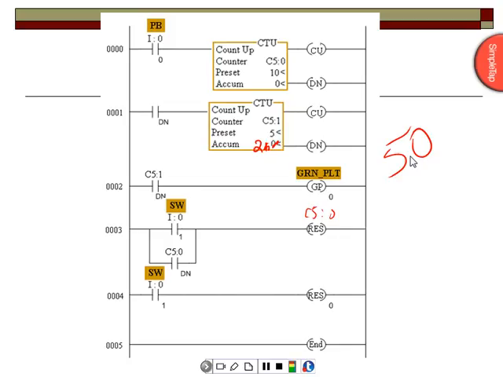And the preset is not 50. The preset is 10 and the preset is 5. That's correct. It is multiplied, and you're right, it's doing both of them. What you've got to think about is each 10 count of the first one activates 1 on the second one. So you're right, you have to multiply them together. Make 50.